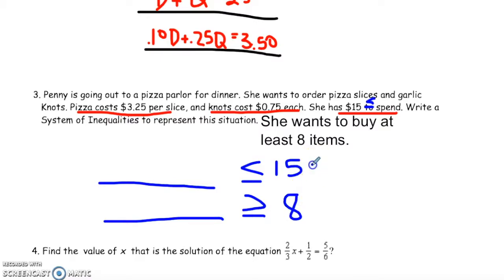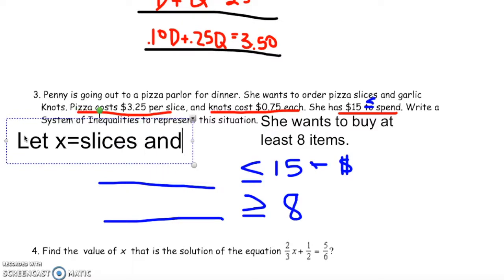So we know that there are pizza and knots. So we're going to quickly let x equal slices and let y equal number of knots.